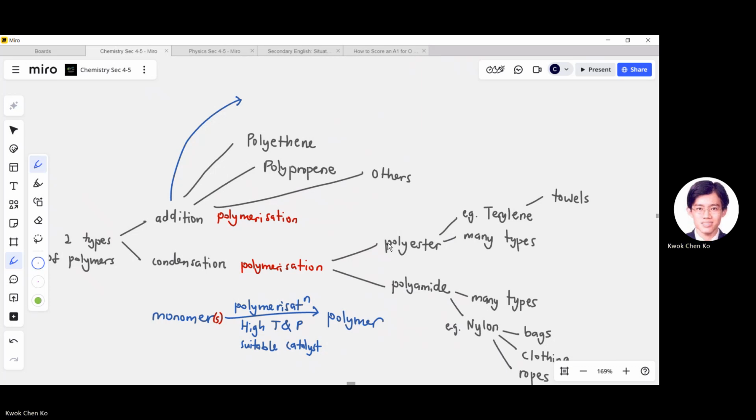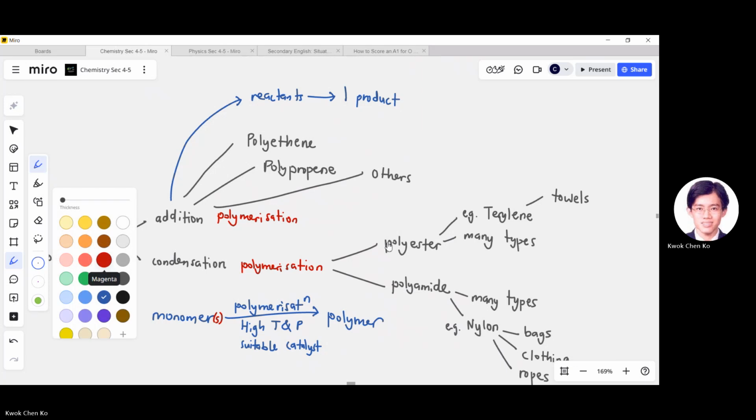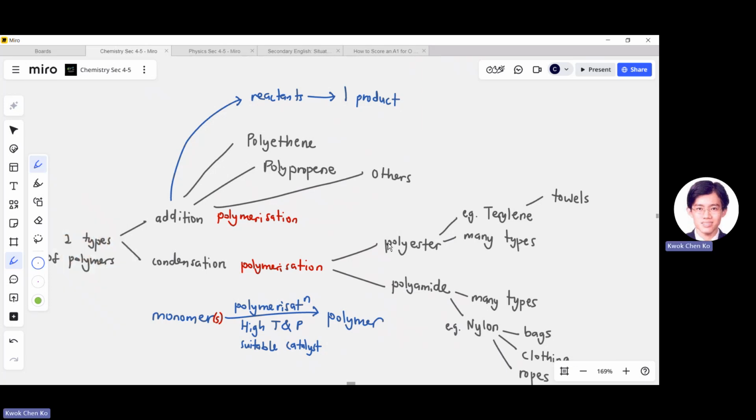Basically, your reactants form one product only. The important thing is there is no side product. You only have a single product.